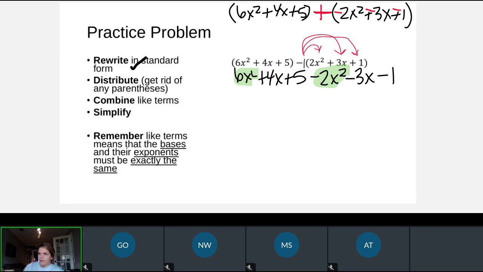Okay, now 4x and minus 3x, 5 and minus 1. I'm going to rewrite this with all my like terms together, just in case anybody needs it that way. If you don't, you can just ignore this step.